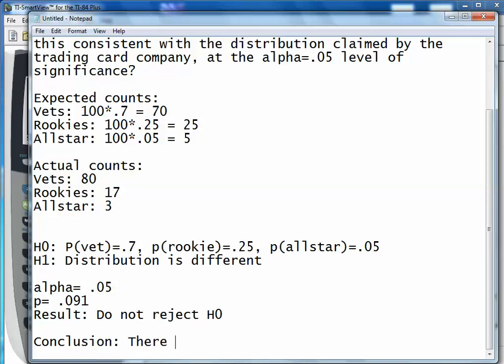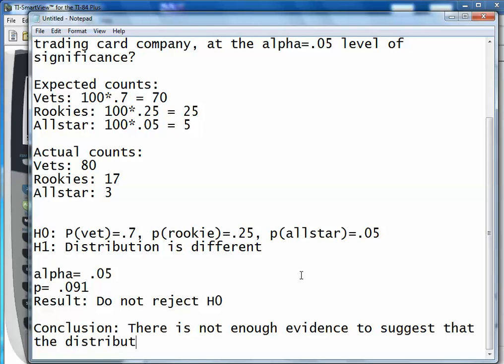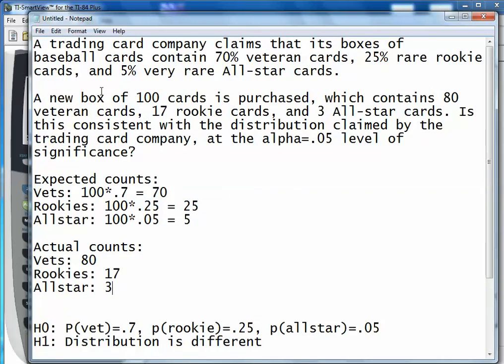There is not enough evidence to suggest that the distribution of cards is different than claimed. All right, so this is, like I said, a variation of what we've been doing, a hypothesis test. Just now it's a hypothesis test for a different thing. It's a hypothesis test about a distribution.